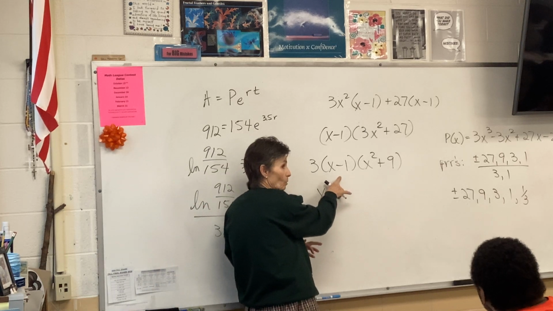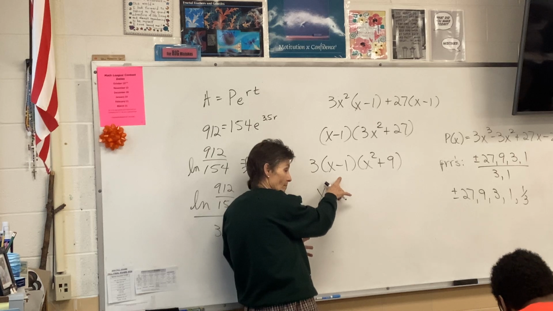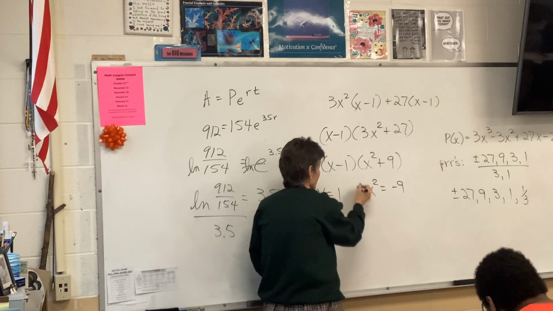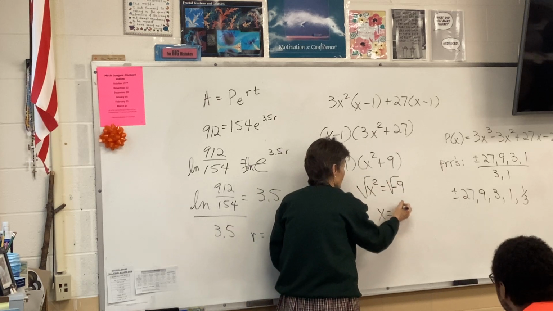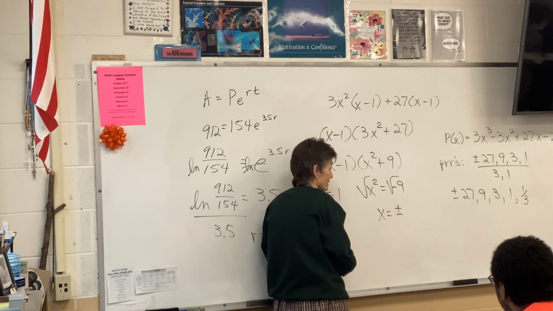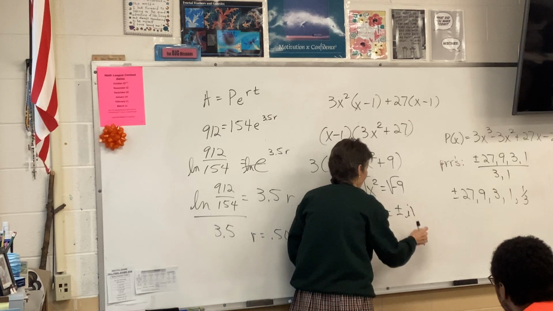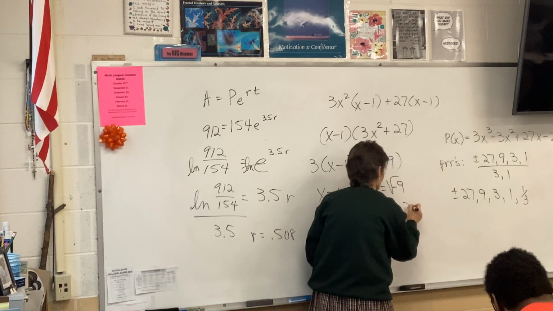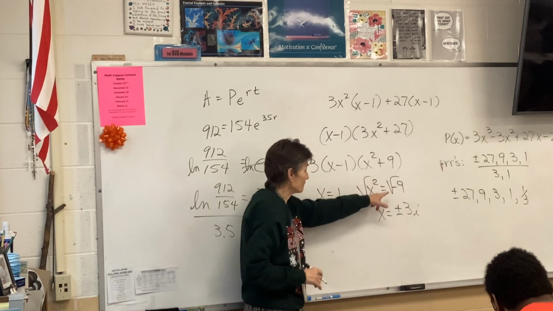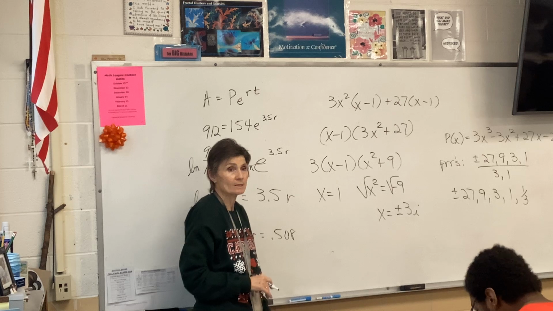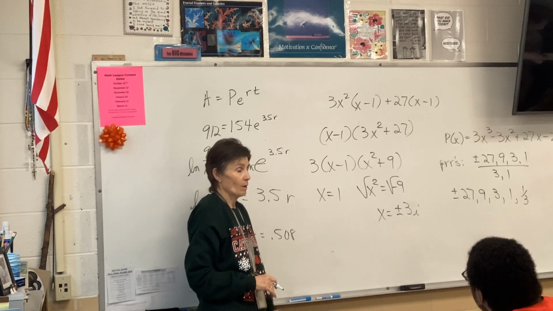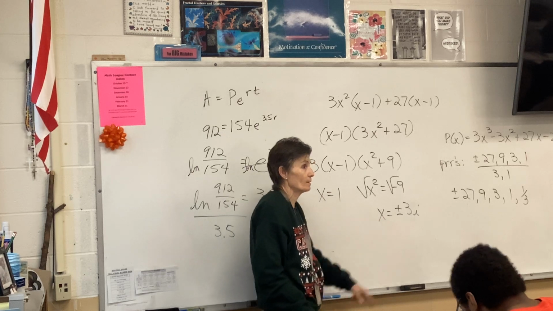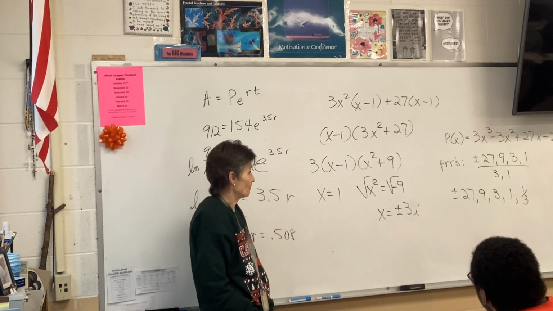This says x equals 1. And this says x squared equals negative 9, which means x equals plus or minus the square root of negative 9, which is 3i. Negative 9, you just have to have an i, square root of 9 is 3. So unlike the one we did earlier, this one has one real root and two imaginaries. This morning, you had all reals.